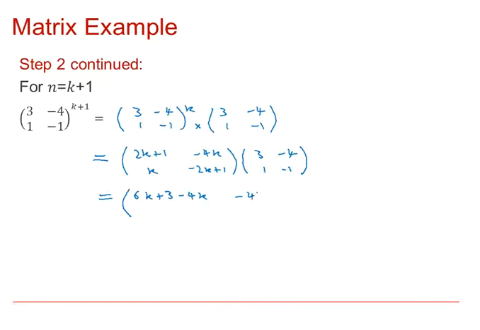That's minus 4 lots of 2k plus 1, minus 4k times minus 1. Now the bottom row by the first column. So that's 3k minus 2k plus 1. And then the bottom row by the second column is minus 4k, and then minus 1 times minus 2k plus 1.